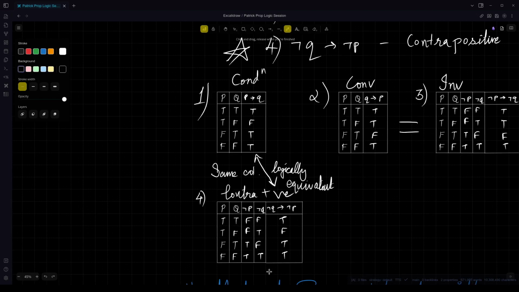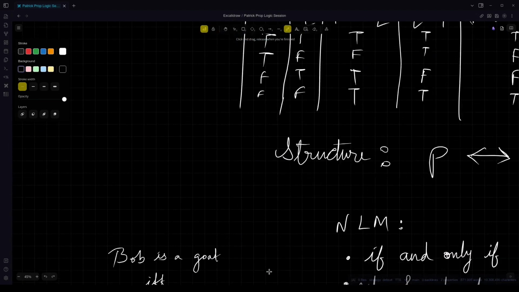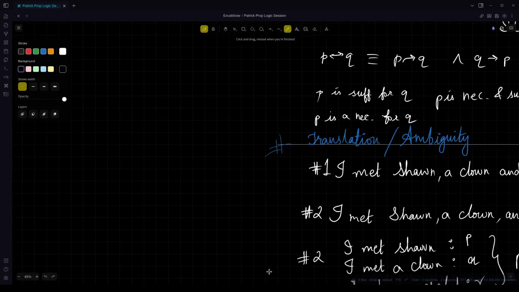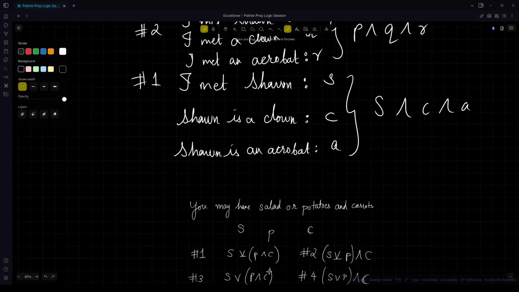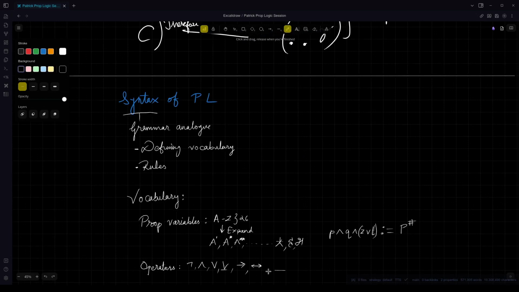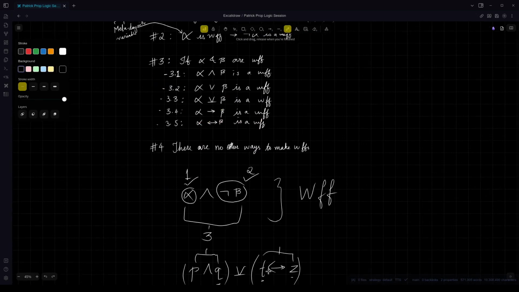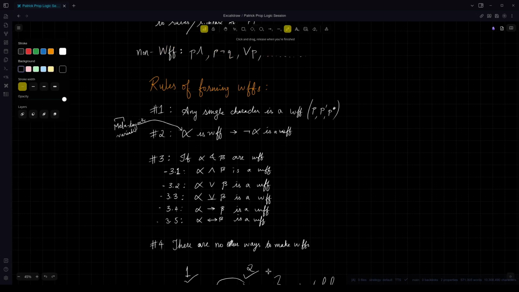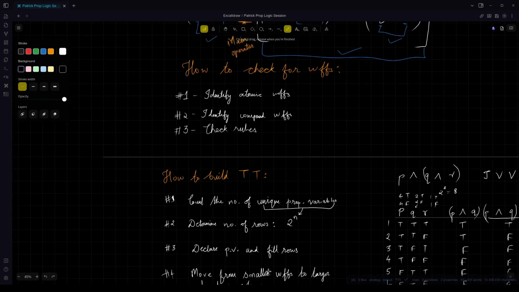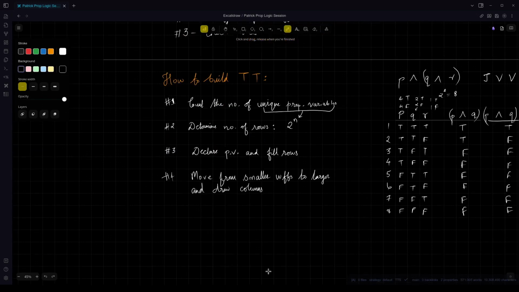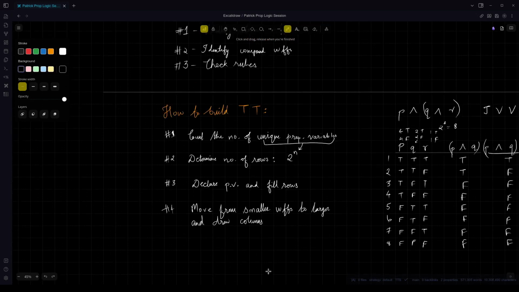So when you're declaring the variables, you're starting essentially with the atomic propositions, and then you go to bigger and bigger well-formed formulas, and you draw out their columns, and then you apply the rules basically. You're just making the well-formed formula bigger and bigger until you finish the entire proposition, and that's how you get the final one.